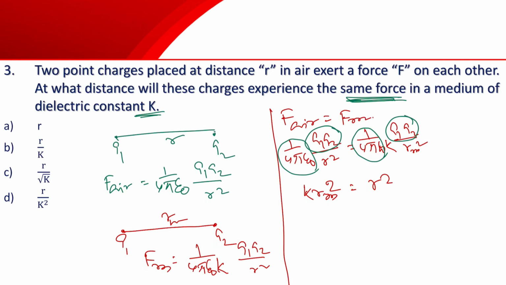So this side r square, this side remaining K rm square. So K rm square equals r square. From there rm square equals r square by K, and rm will be equal to r by under root K. So the correct answer will be r by under root K, option C.